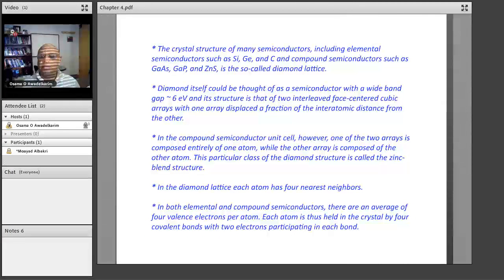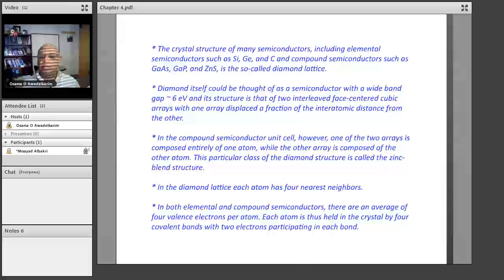The crystal structure of many semiconductors is in cubic structure. That is why, when we go back to chapter 3, we focused on the cubic cell. So the structure is cubic, but it's not one of the cubic structures that we discussed: the simple cubic, the body-centered cubic, or the face-centered cubic.